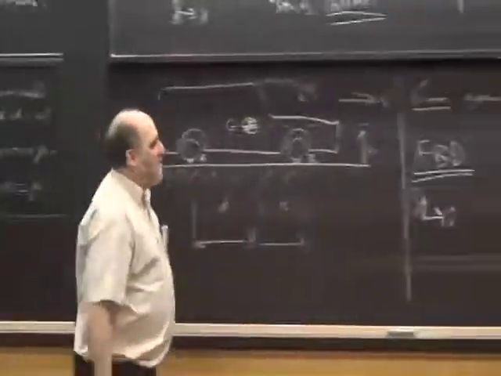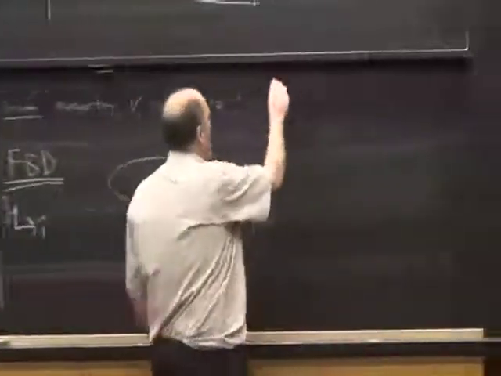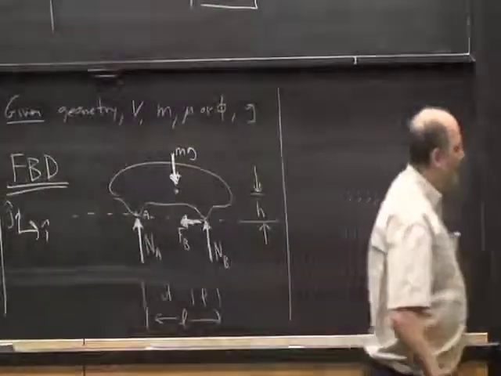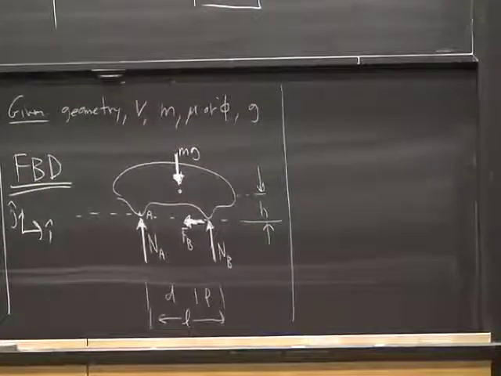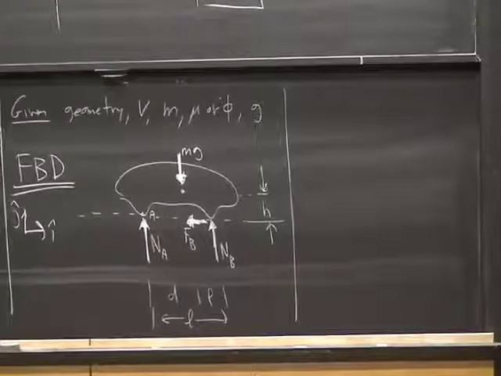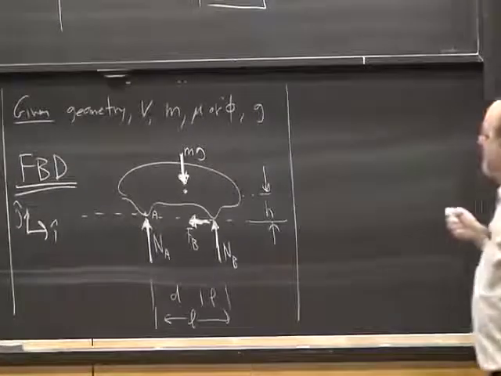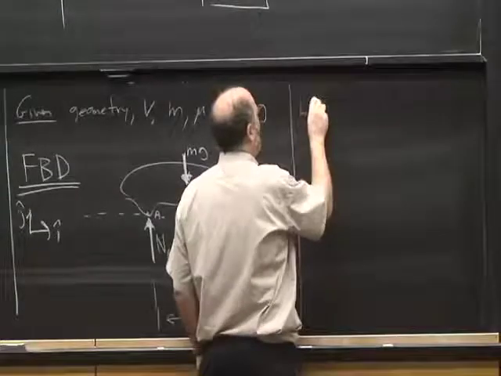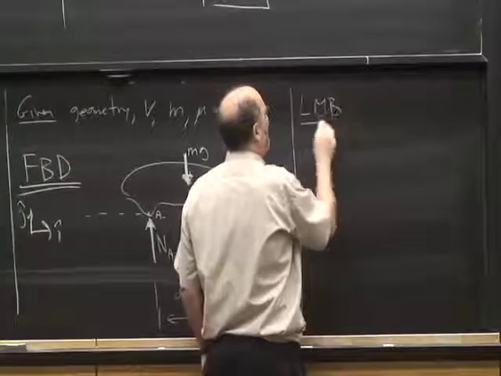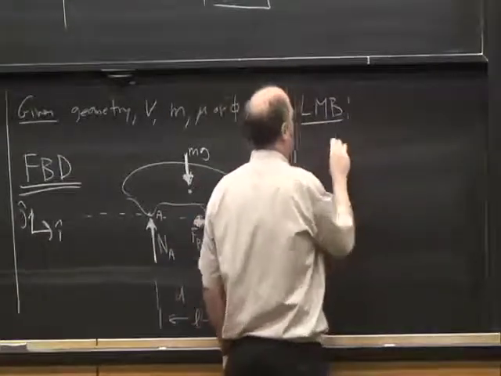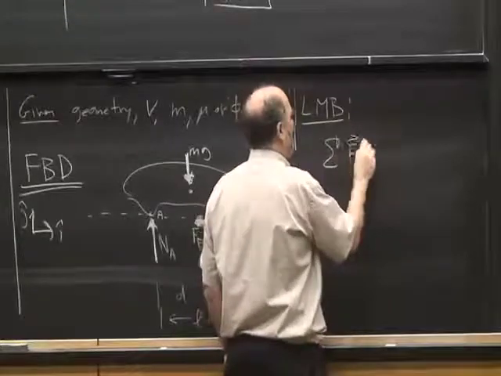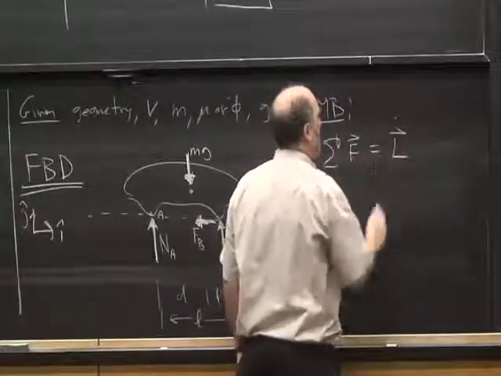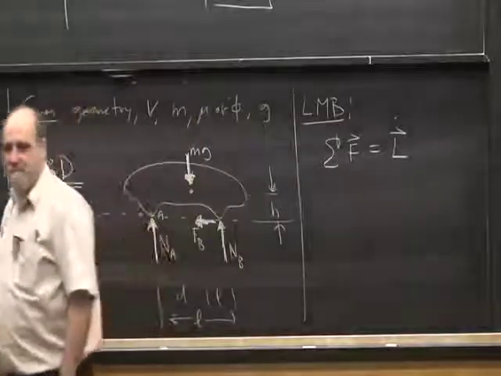So what we have to work with in solving this problem is the equations of mechanics. And the first equation is the same equation we've been working with all the time, which is linear momentum balance. It says that the sum of the forces on this system is equal to the rate of change of the linear momentum of the system.